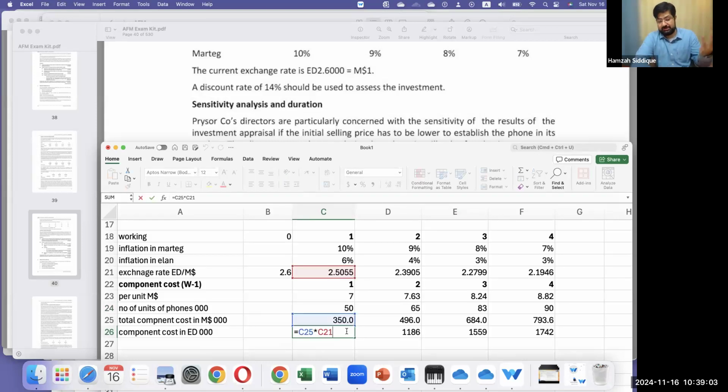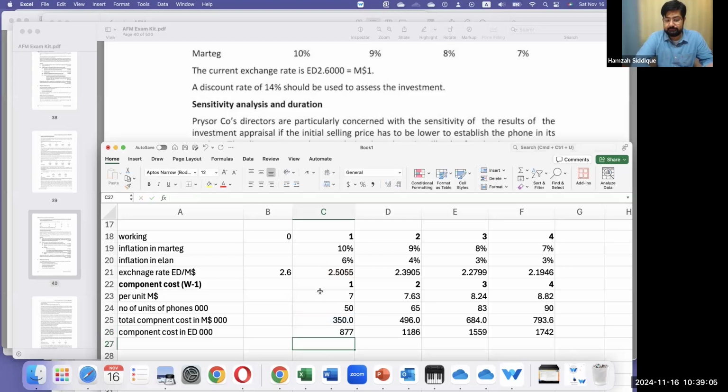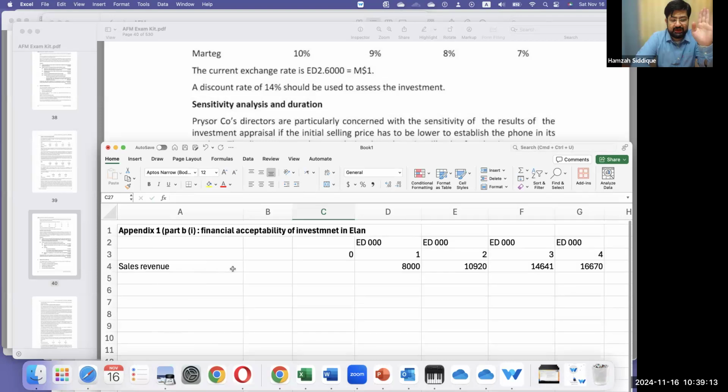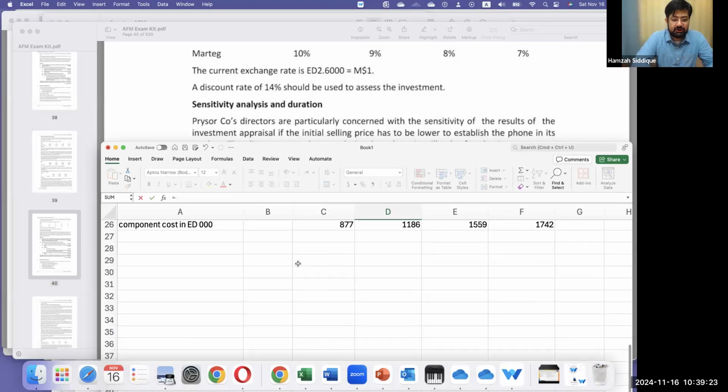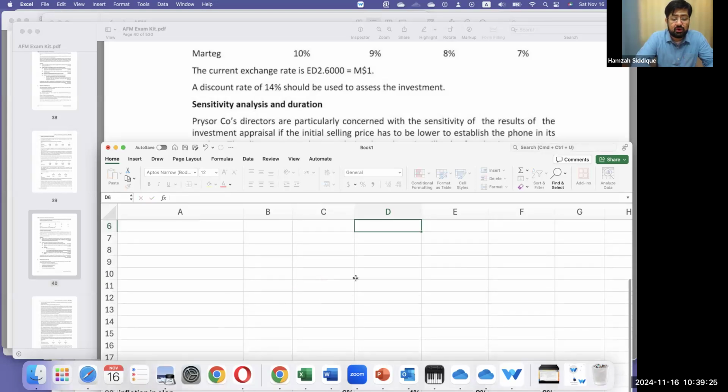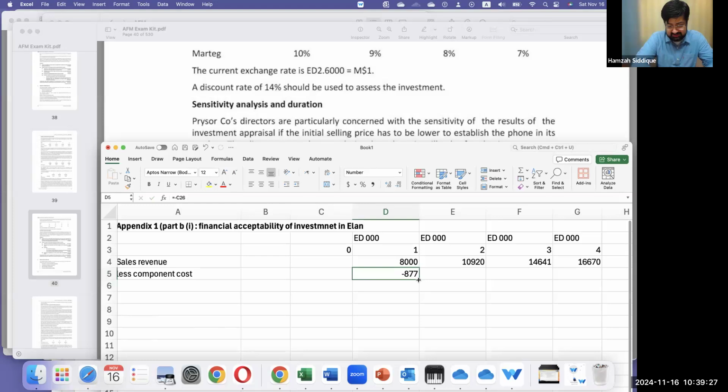If there is any confusion about the exchange rate, you can ask before I proceed. ED 000. So the working one is done. That is less component cost, equal to minus. These workings have their own distinct marks. Remember that.